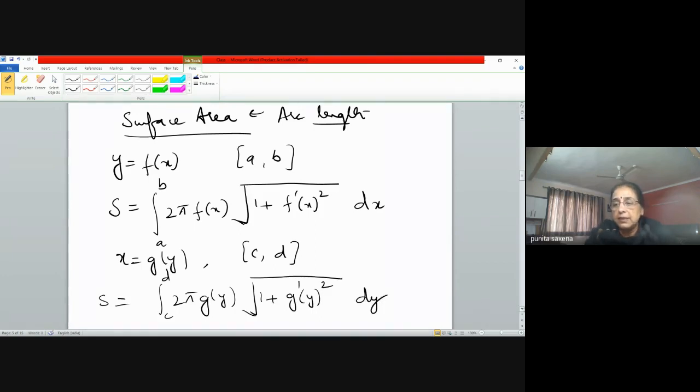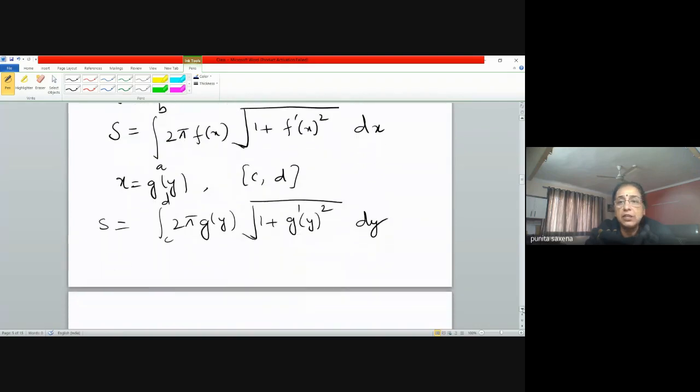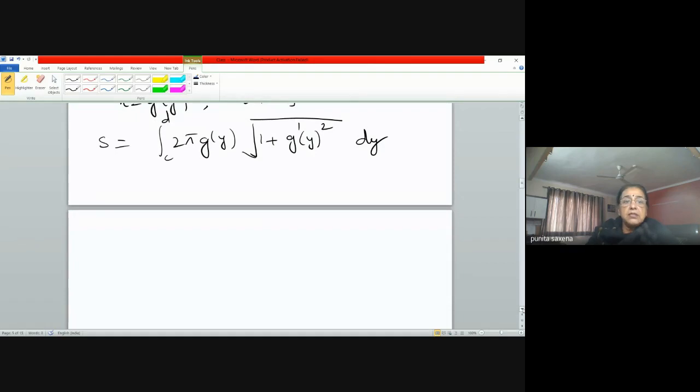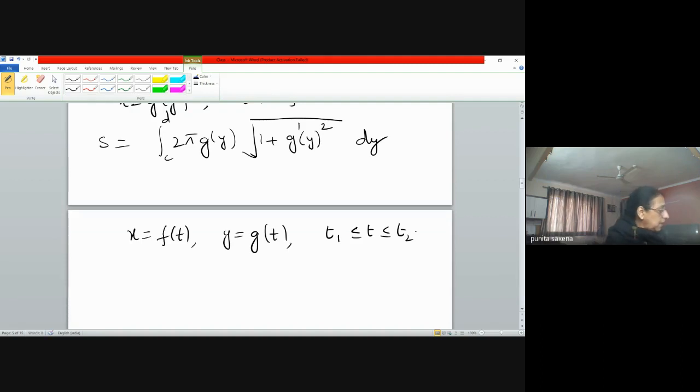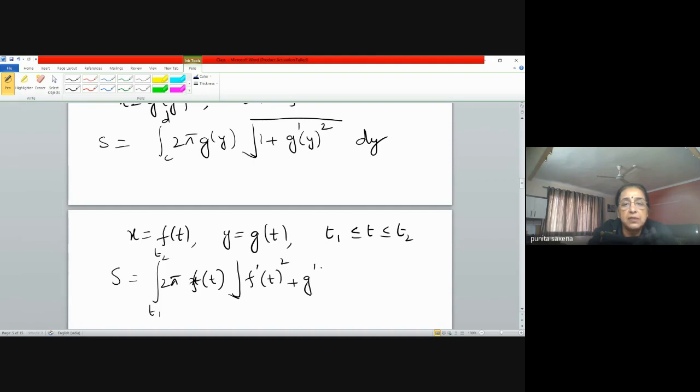Okay? And in case you have parametric curves, that means you have x equal to f(t), y equal to g(t), and your t is bounded between t1 and t2, then the surface area is given by, of course, integral t1 to t2 2 pi f(t) under the root f dash t square plus g dash t square dt.